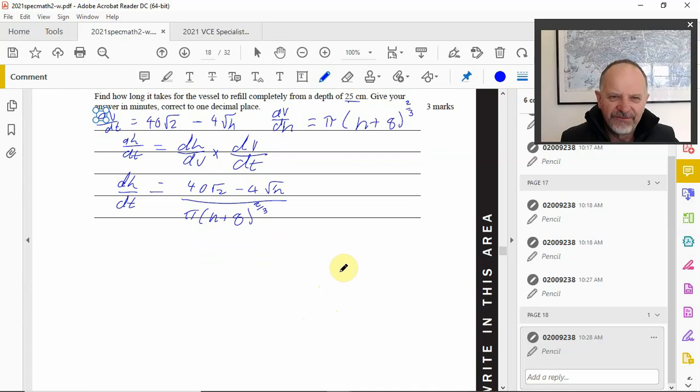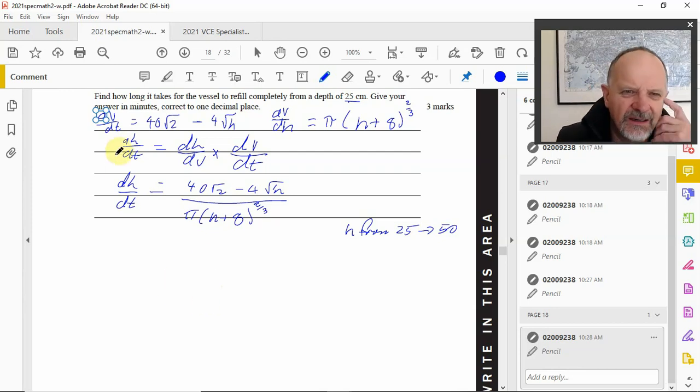All right, so the time to fill comes about when our height goes from 25 to 50. So we've got to set up an equation.